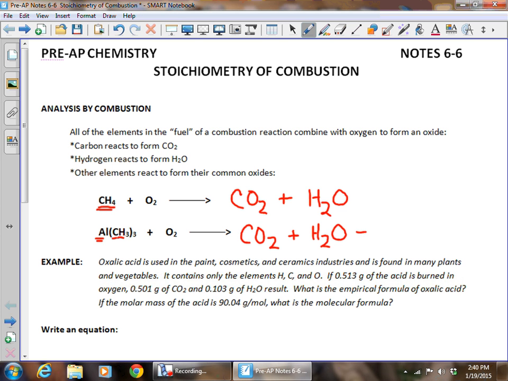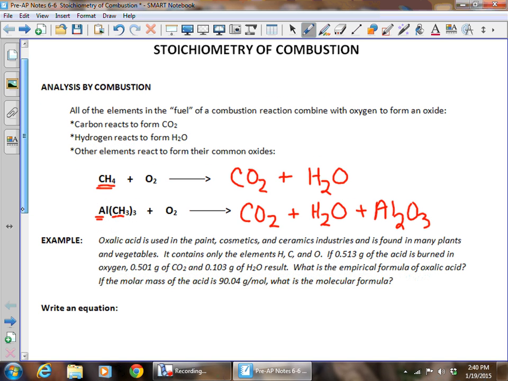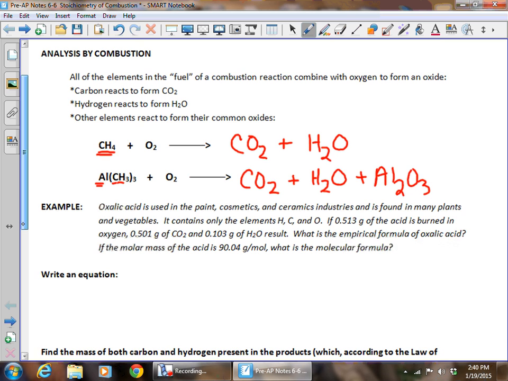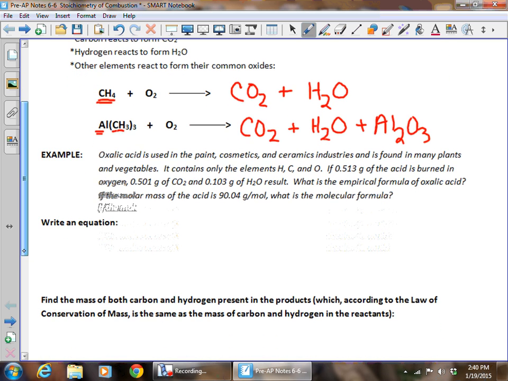And since aluminum is an always true +3 and oxygen is -2, that's going to end up forming a compound of Al2O3 for that particular reaction. So those are just examples of some combustion reactions. And if it's a more complicated fuel, the problem will virtually always work out or give you information about what the other substance formed will be.